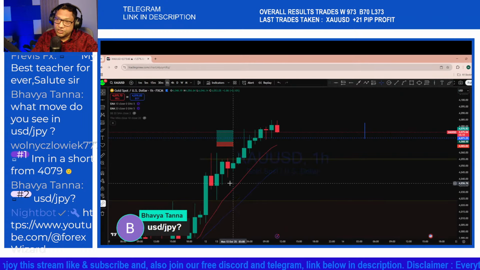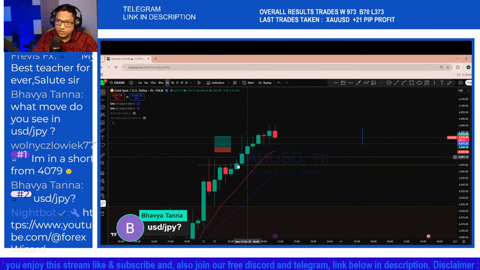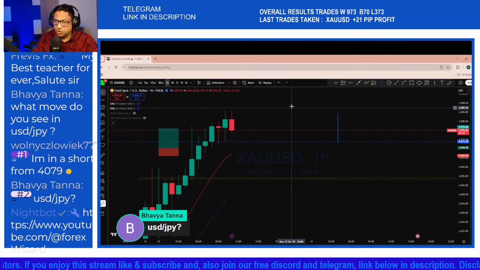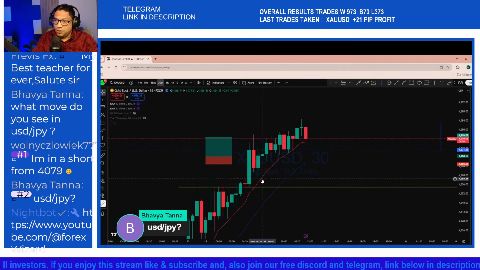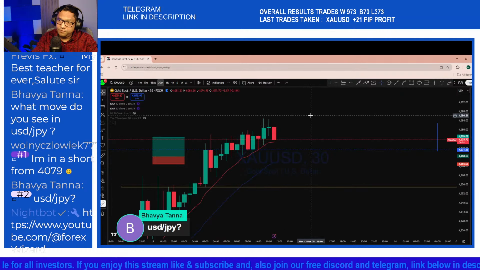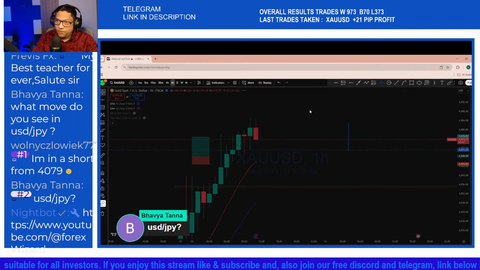This is the market structure that you can see. The price has maintained this series of higher lows, which is in an uptrending market structure, and the current support level is a key support level from the 4-hour chart.